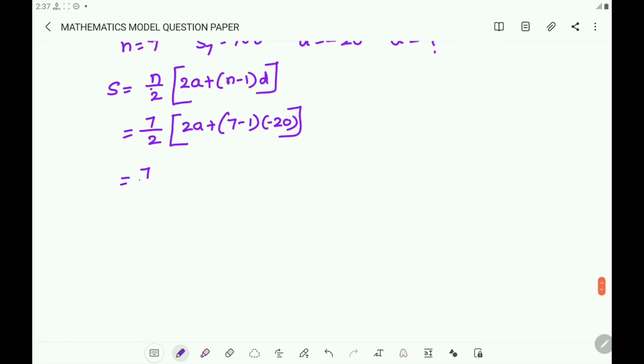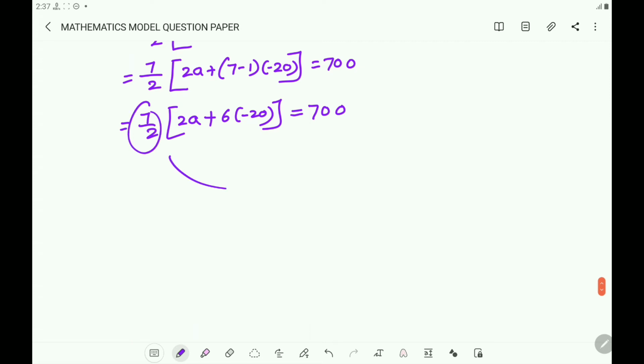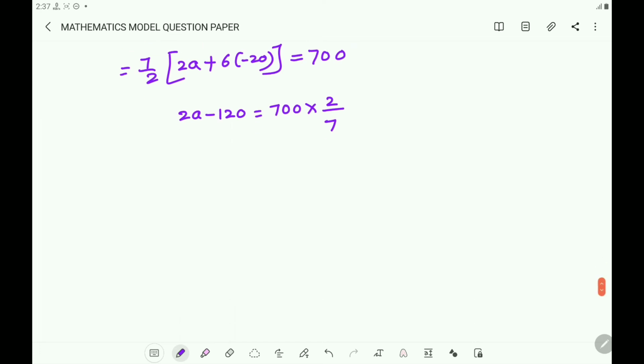That equals 7 by 2 into 2a plus 6 into minus 20, and that equals, sum is given, 700. Then transfer the 7 by 2 to the RHS, that becomes 2a plus 6 into minus 20, 6 2s are 12, then it is minus 120 equals 700 into 2 by 7.